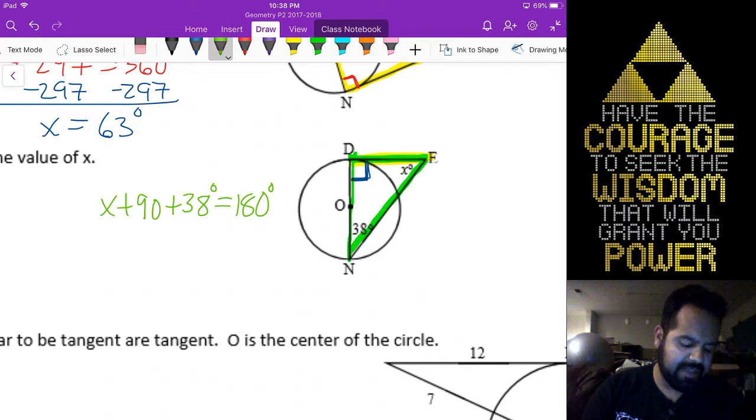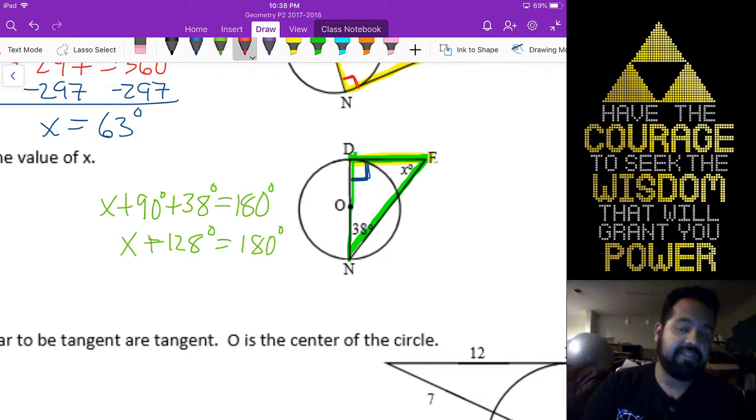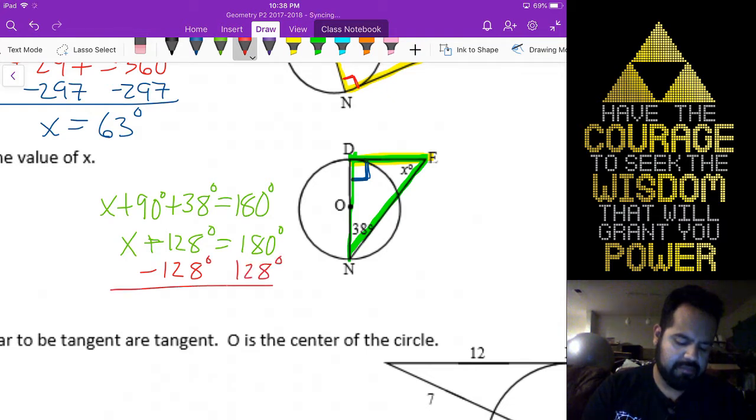So again, simplify your expression. x plus 128 equals 180. So when you subtract the 128 from both sides, you should get x equals 52 degrees.